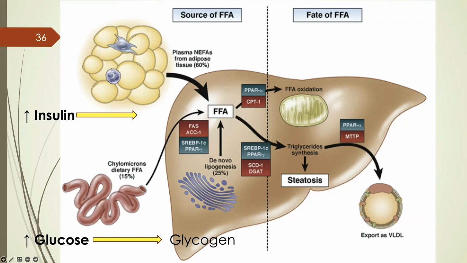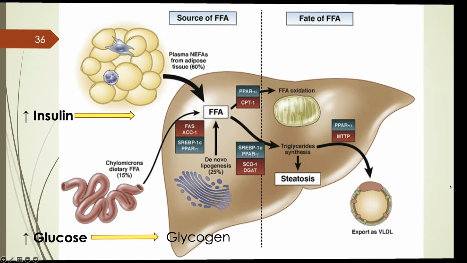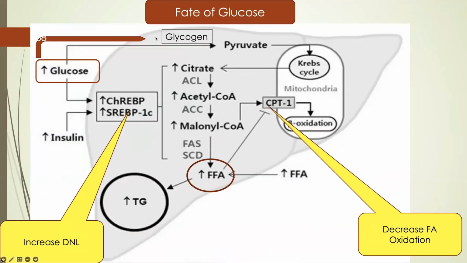Of all the free fatty acids in the circulation, 60% come from the adipose tissue, 25% come from the GI tract, whereas 15% come from other sources. So once the glucose has entered the liver because of the hyperglycemia caused by the insulin resistance, it can go into the Krebs cycle, and from there, through the production of acetyl-CoA, it can be used for the production of free fatty acids and hence triglycerides.